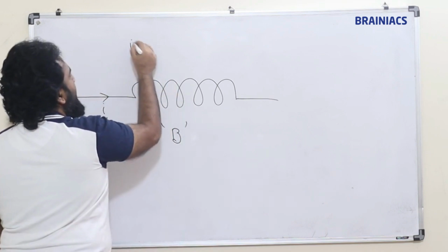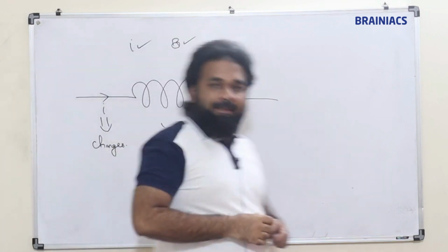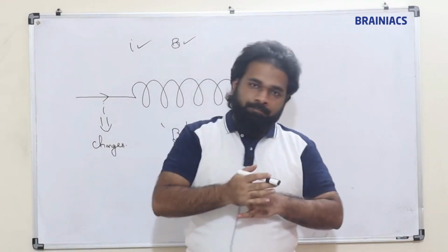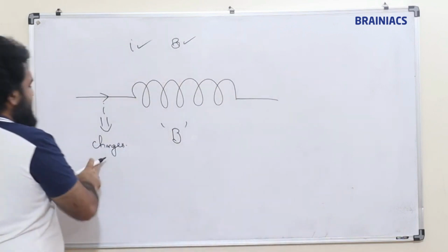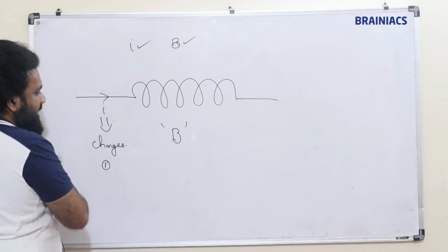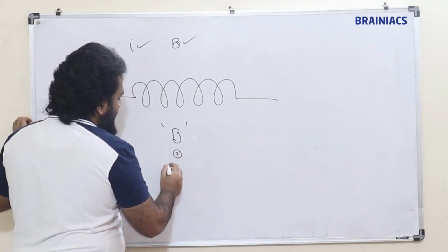When current is there, magnetic field also will be there. So when this current changes, this is the first criteria. When current changes, what will happen? This is the second thing that is going to happen.